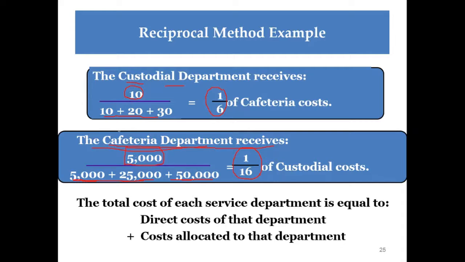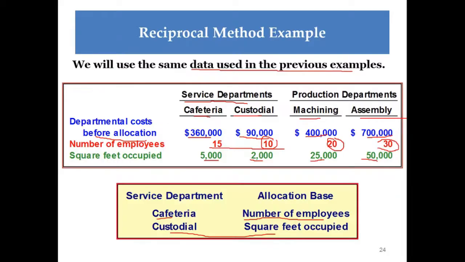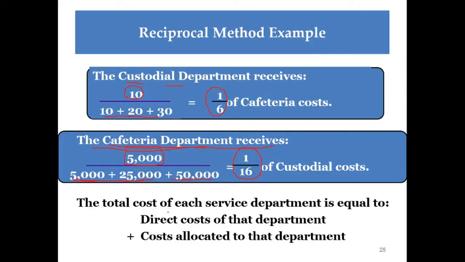We noted that for the custodial department we don't add 15 here, because this is for cafeteria, and cafeteria doesn't allocate cost to itself. Then we don't use 15 in the formula for allocating cost from cafeteria to custodial.